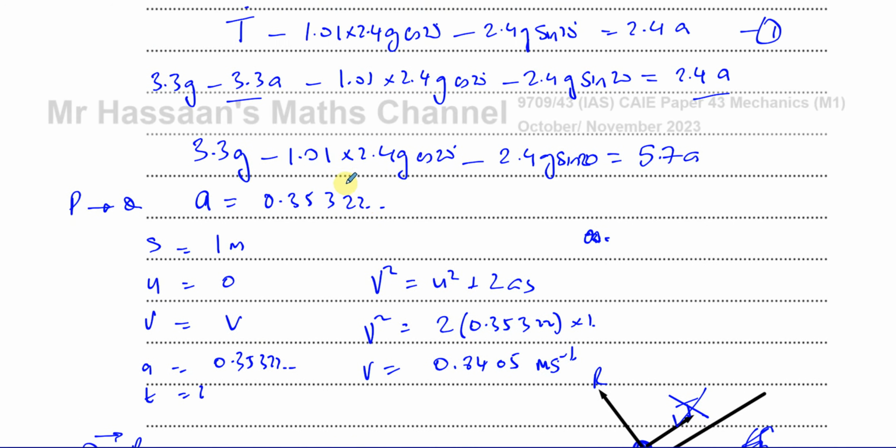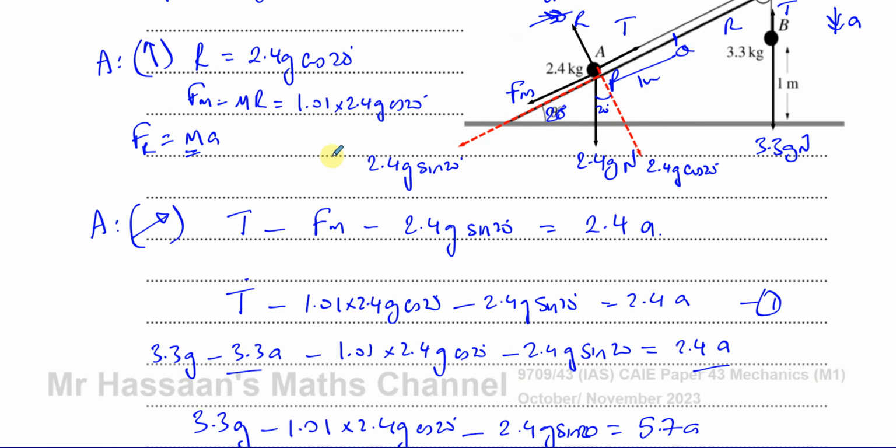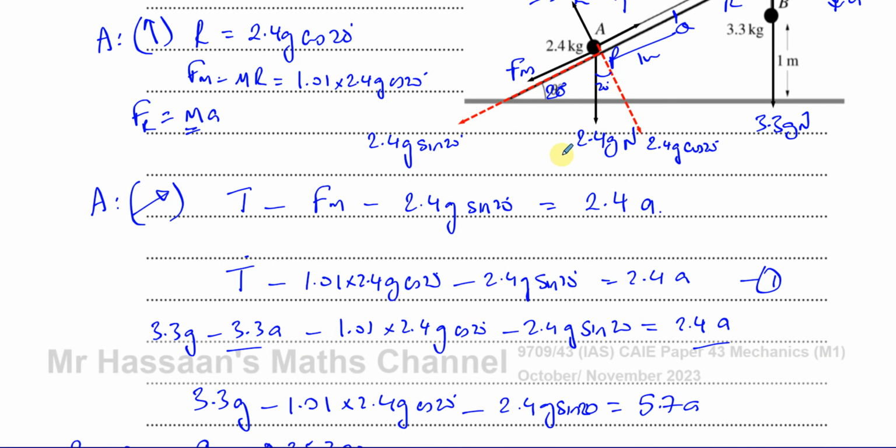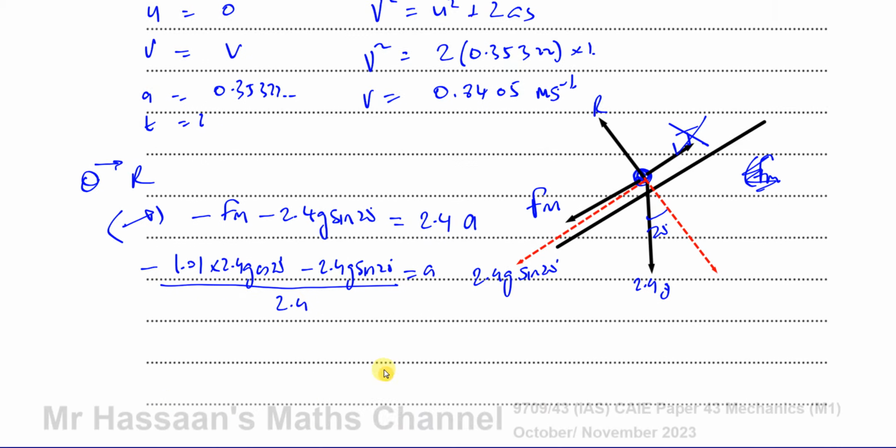So 1.01 times 2.4 G cosine 20 minus 2.4 G sine 20. If we divide that by 2.4, that will tell us the new acceleration, which is going to be, of course, a deceleration. It's going to be negative. So the acceleration is going to be, if we add these together, we have... I'm going to store this in case I need it.